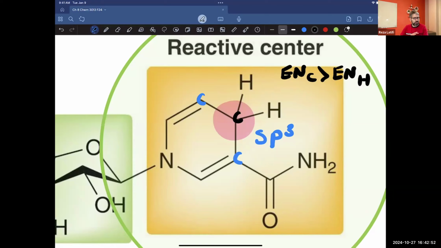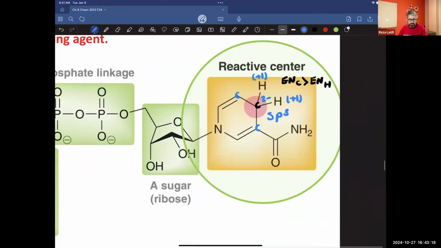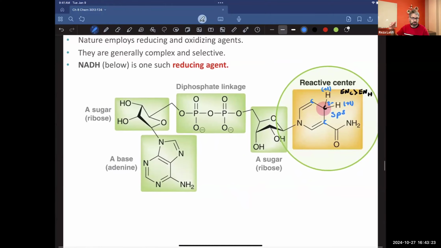So I can say for now that carbon is going to have -2 as its oxidation number. Why? Because each hydrogen is going to be +1. It's a rough assumption. Carbon in the black color has -2 as its oxidation number. Let's follow that carbon and see what will happen to it over time while we run chemical reactions.